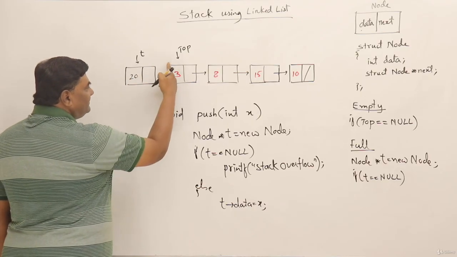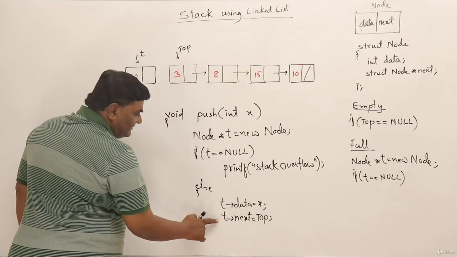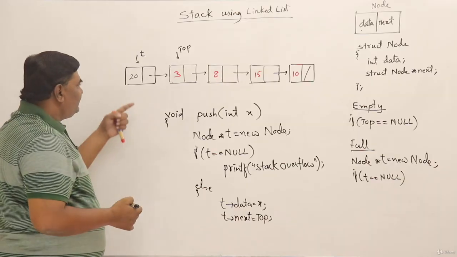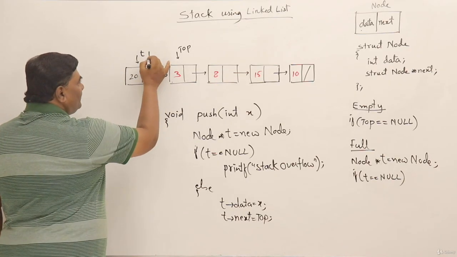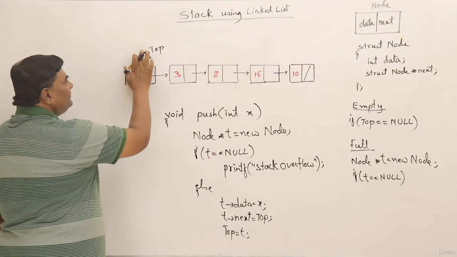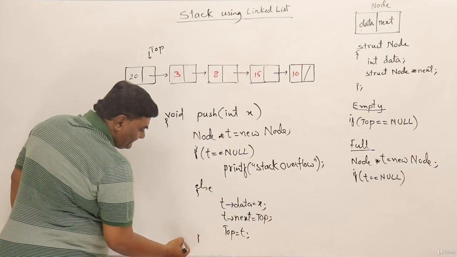Then make this point on this node. T's next is top. So this will point on this one. Then as this is a new node, top should be brought here. Top is assigned with T. Now remove T, we don't need it. So that's all, these are the steps.